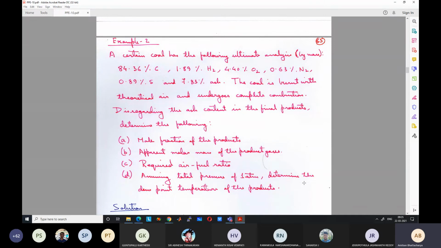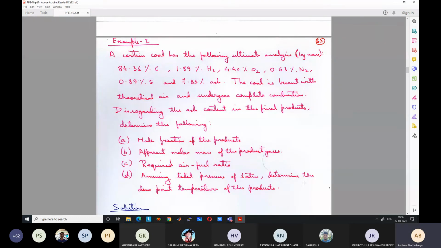What happens is that these combustion products are leaving through the chimney or the stack, and there is water vapor contained in the combustion products. Water vapor and carbon dioxide are the main products, right? And nitrogen is always there.